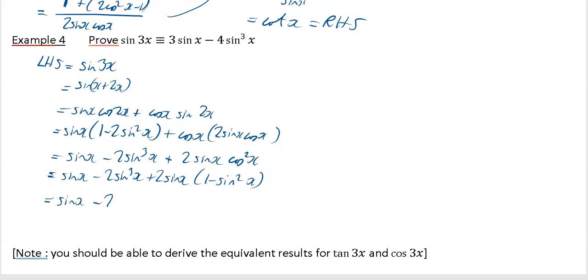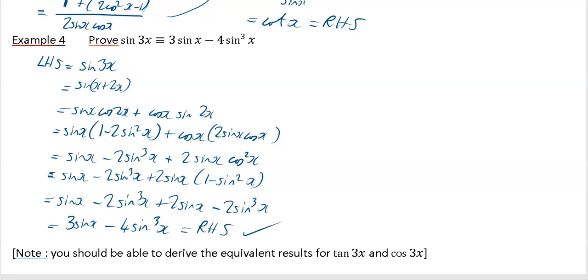So we're going to have sine x minus 2 sine cubed x, plus 2 sine x when you multiply the bracket, minus 2 sine cubed x. And then tidy up, what you're going to be left with, you've got a sine x plus another 2 sine x, that's 3 sine x, and then minus 4 sine cubed x, which happy days is equal to our right hand side, and that's good.